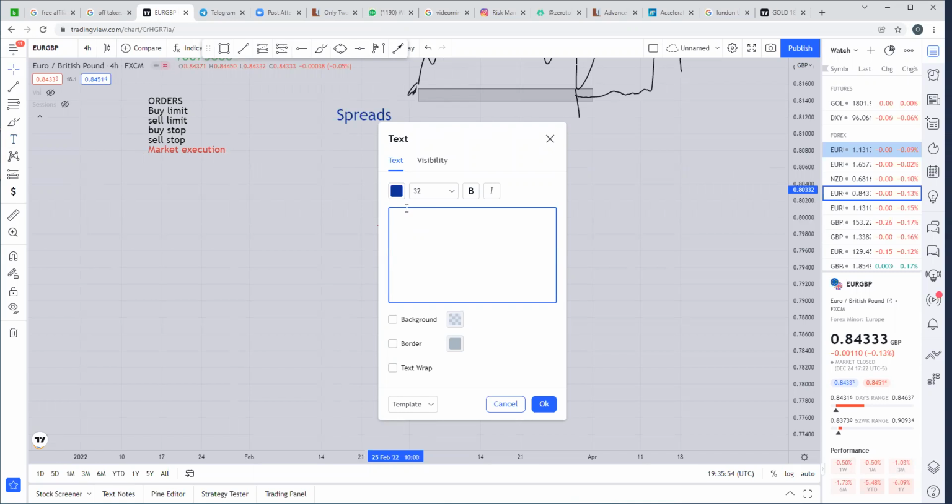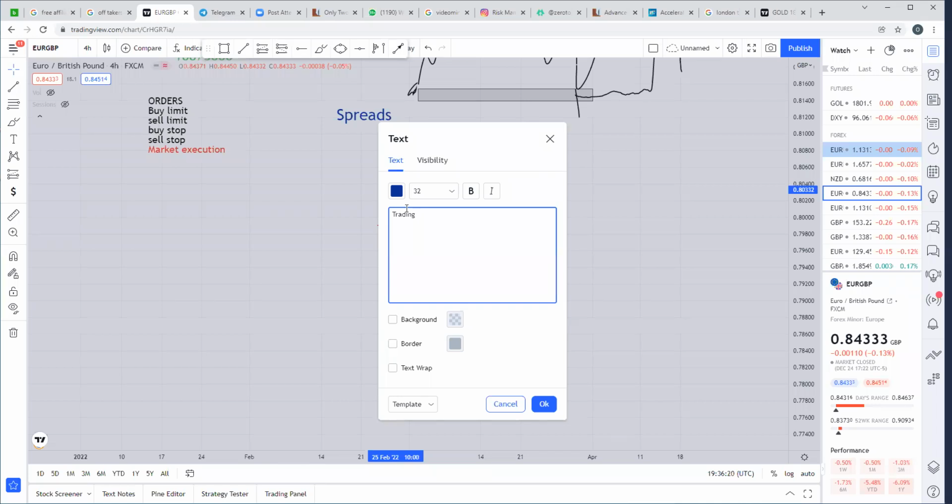Okay, then we have London, New York, Asian. I think we have one more. The most traded, where people trade the most, is the New York session, but there's a lot of activity also on the London session because of GBP.